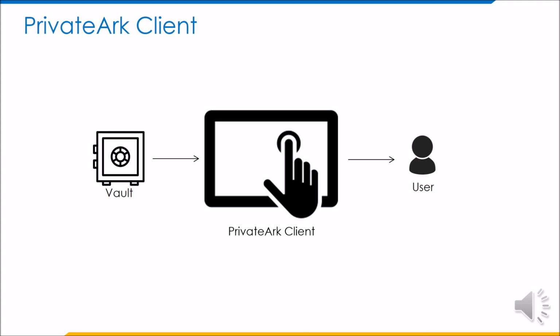The PrivateArk Client can also be used to perform vault level configurations. For example, the users and groups can be modified. The safe level permissions or the network areas can also be customized using the PrivateArk Client.